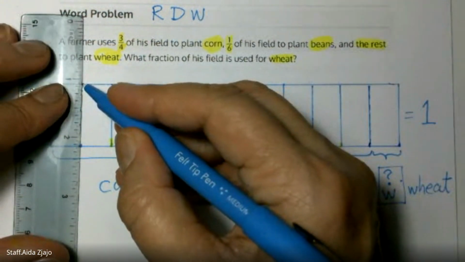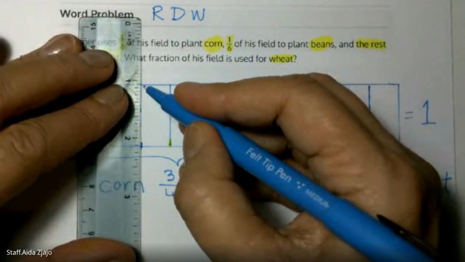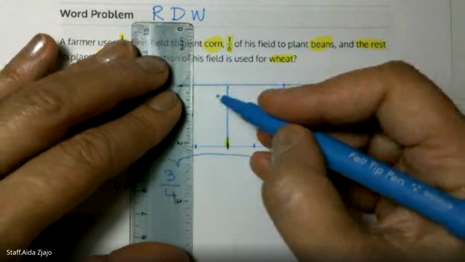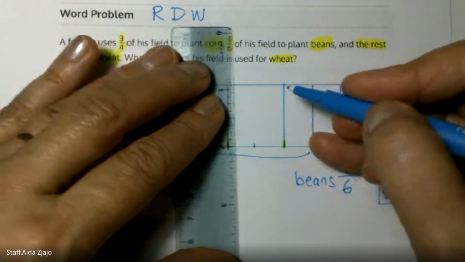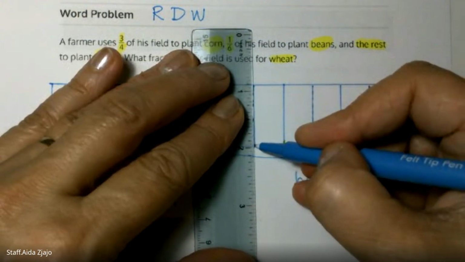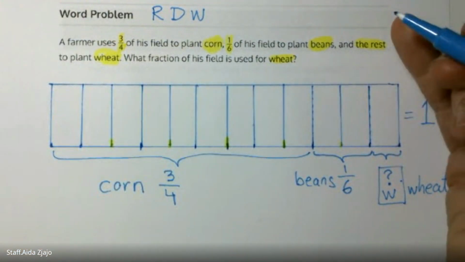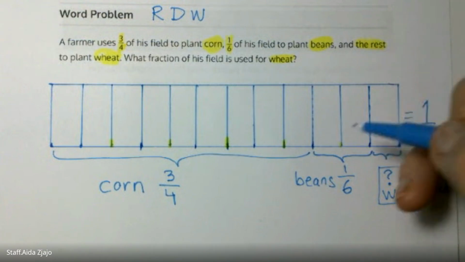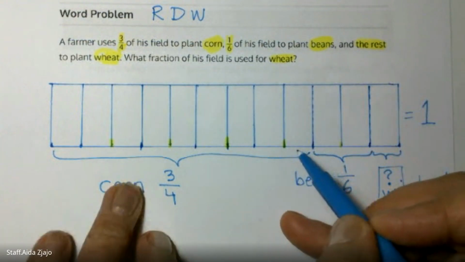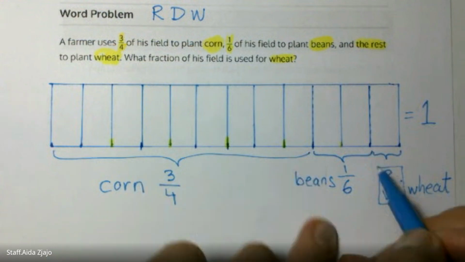So now I created equivalent pieces and they are all the same. I started with 3/4, that's how big. 1/6, that's how big.